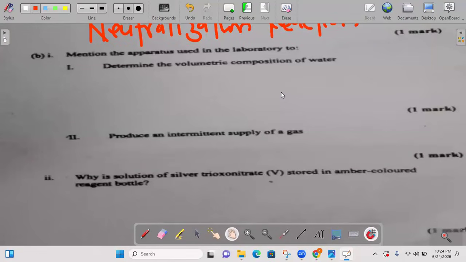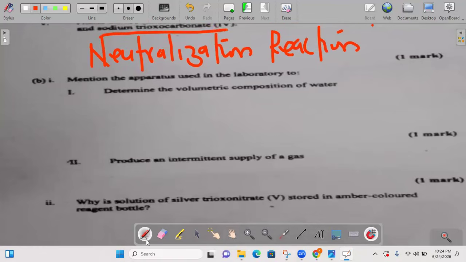Mention the apparatus used in the laboratory to determine the volumetric composition of water. The apparatus is the Hofmann voltameter. That's the apparatus we use.